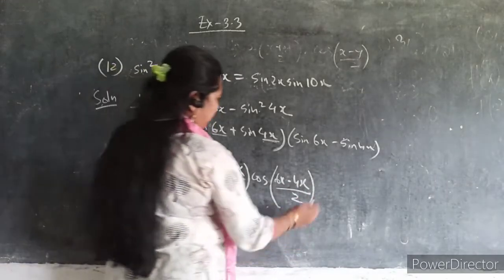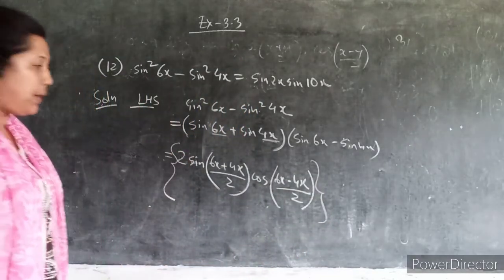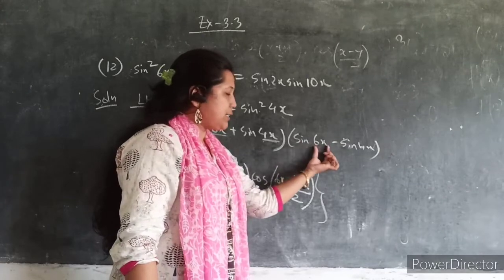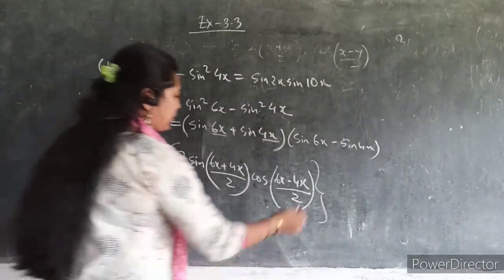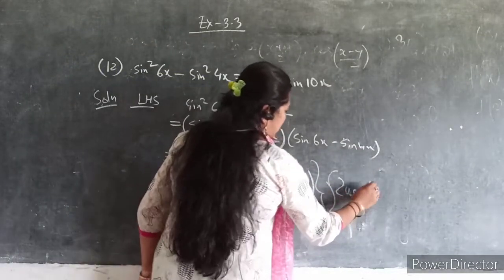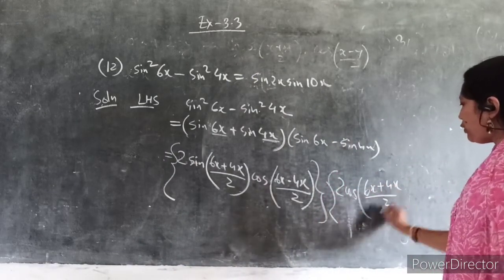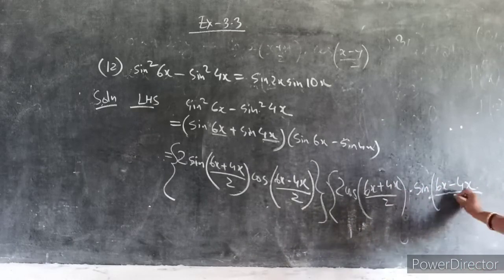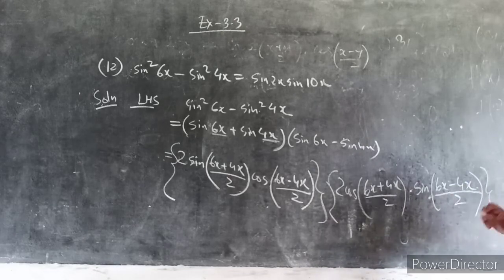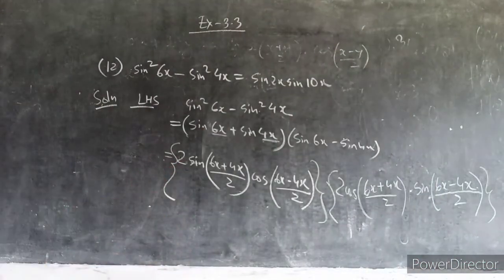This part is multiplied with the second part, where again we consider this as x and this as y: sin x minus sin y is 2 cos (6x plus 4x) by 2 into sin (6x minus 4x) by 2. Okay, so we have applied the formulas and checked it.